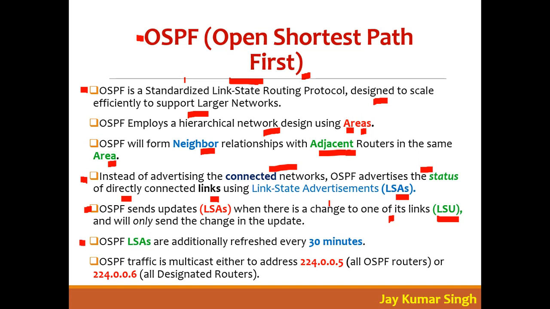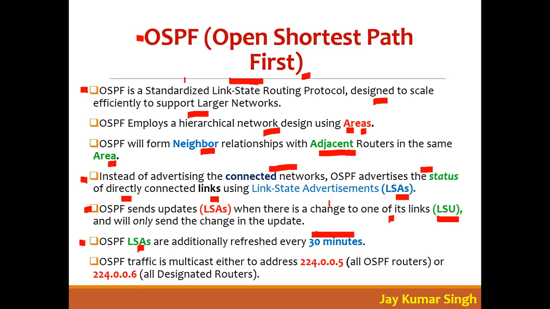RIP sends periodic updates every 30 seconds; EIGRP has no periodic updates, and if there are any changes, it will update the neighbor. It is the same in OSPF, but with a slight difference: OSPF refreshes its LSA database with the neighbor every 30 minutes. This is periodic. Every 30 minutes they refresh the database.